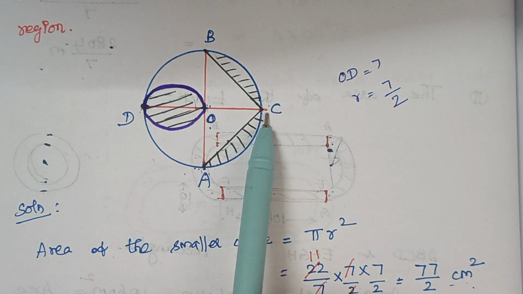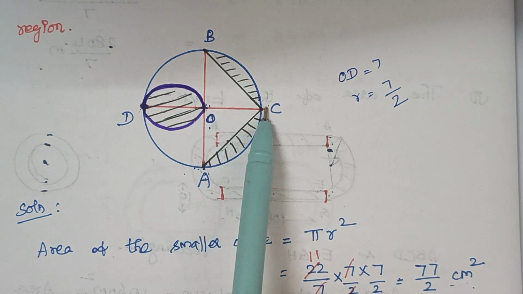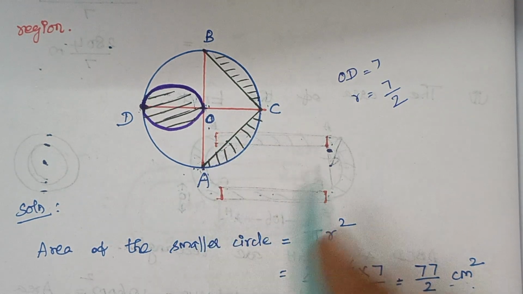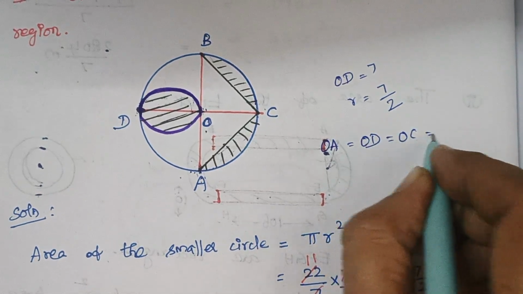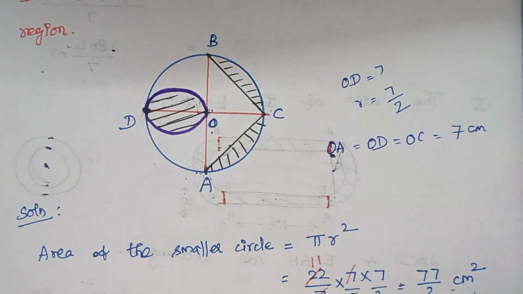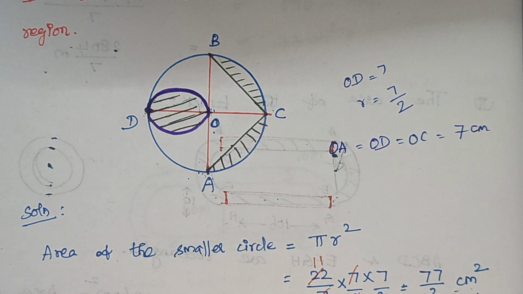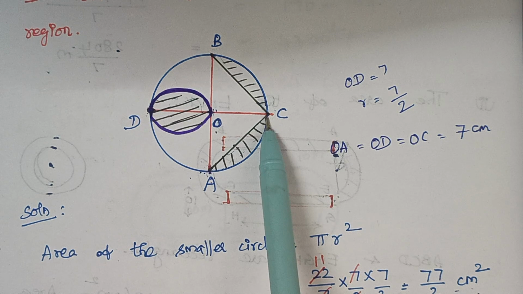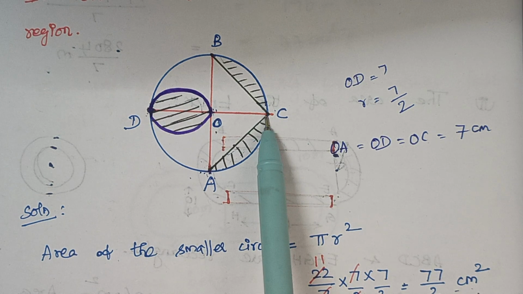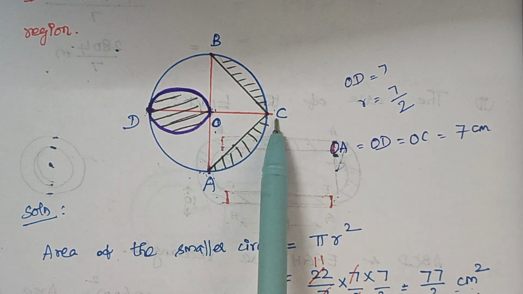OA is equal to OD, which is equal to OC, which is equal to 7 centimeter. So the value of the radius of the semicircle is 7.